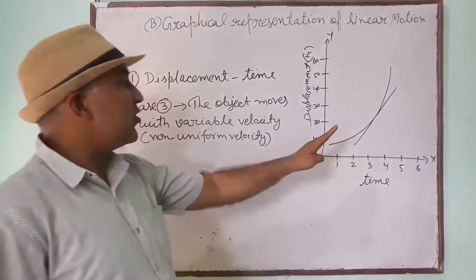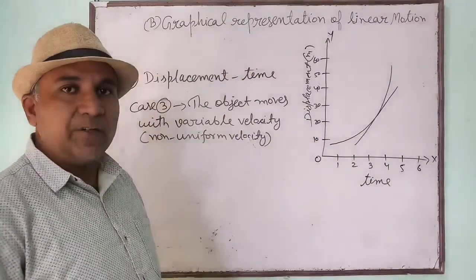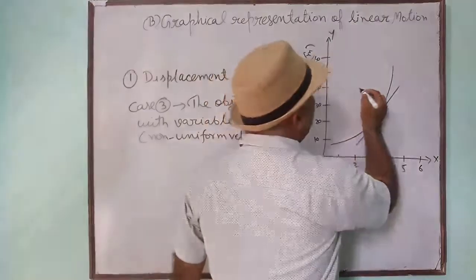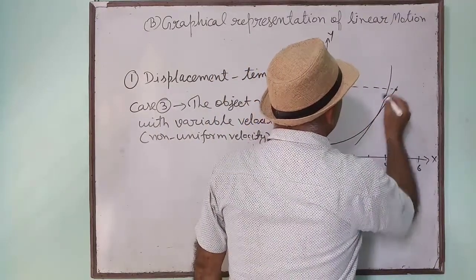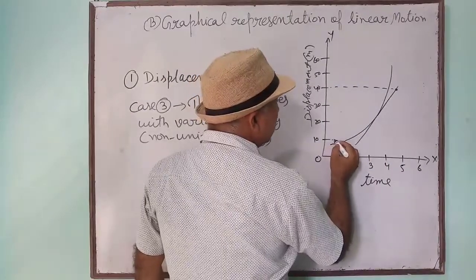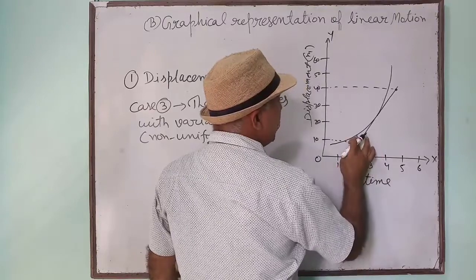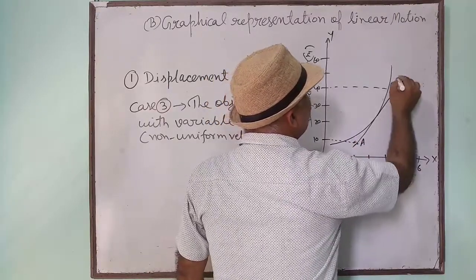To find the velocity, we have to find the slope of this tangent. Now, how to find the slope? Again, we will take 2 points. Suppose in front of 40, I am taking 1 point here, and in front of 10, we are taking 1 point here. This point is A and this point is B.